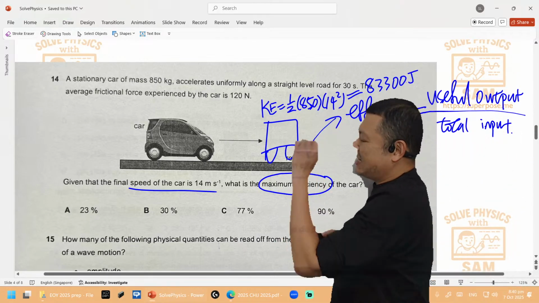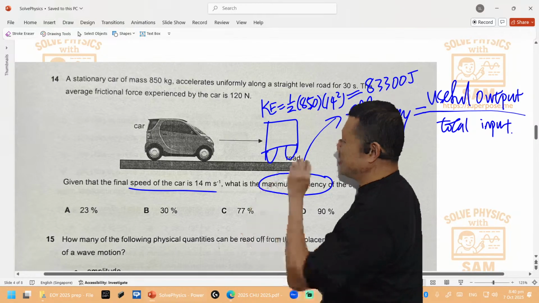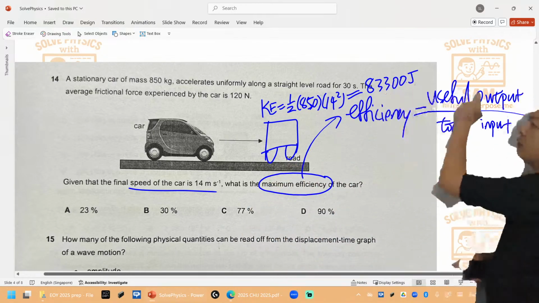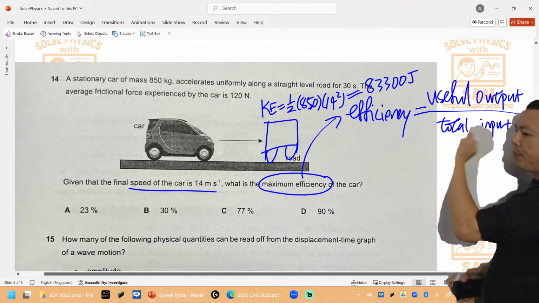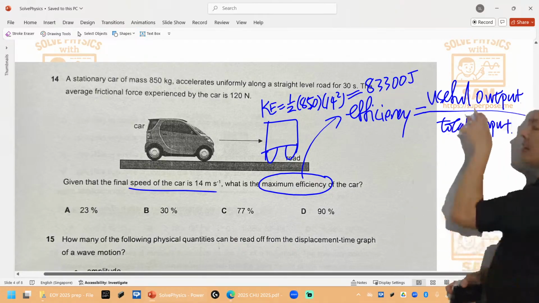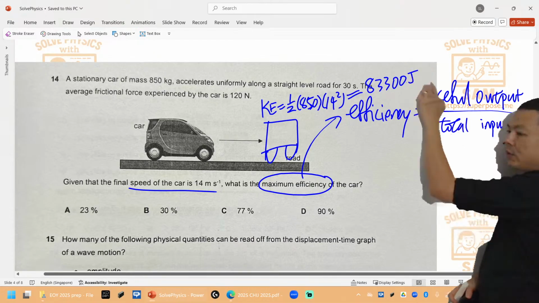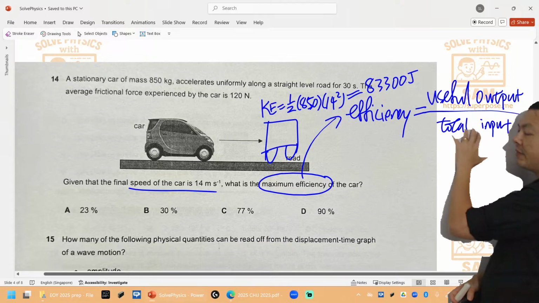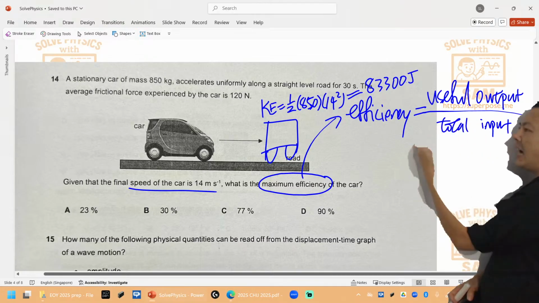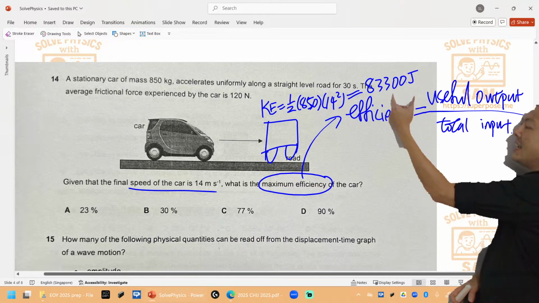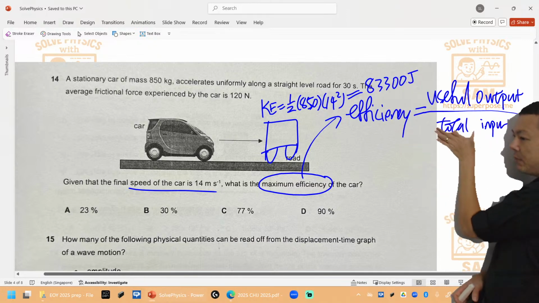All right. This question is a little bit harder because now they want you to find maximum efficiency. I already found the useful output. That's the KE. The problem is the total input. Now the total input includes the KE that you have to add in. That's the input of the energy, right? Like how much energy does a car need to use to give you the KE, which is obviously the amount itself at the bottom.